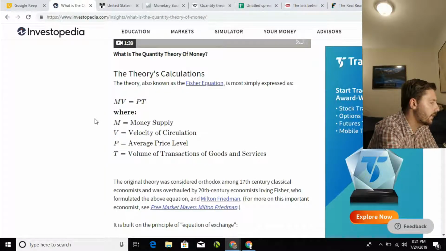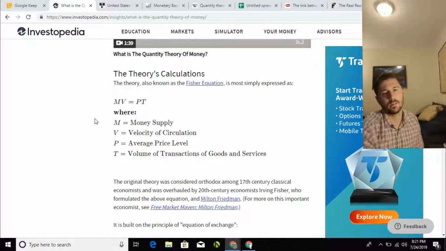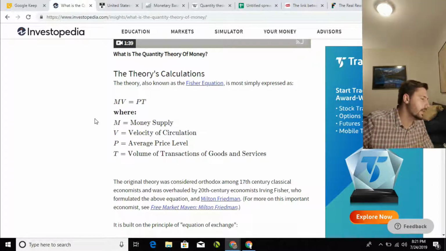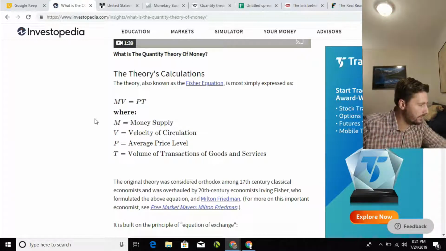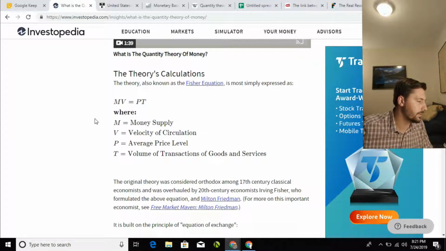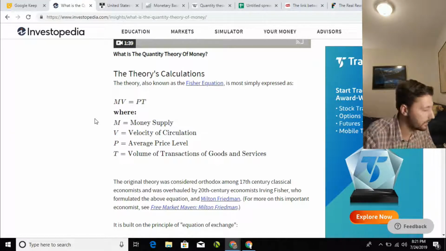It's basically the basic equation for the quantity theory of money, and it's expressed as MV equals PT. Now, obviously, you can see what M, V, P, and T are expressed as individually, and that's basically supposed to be thought of as a correlation between your money supply and your price level.